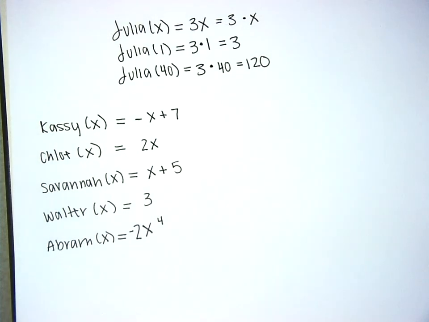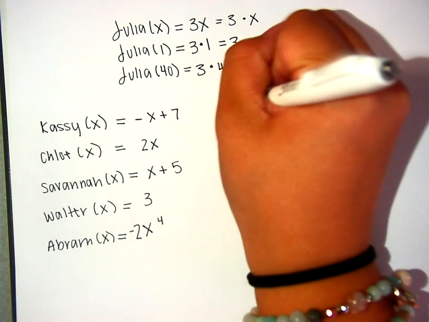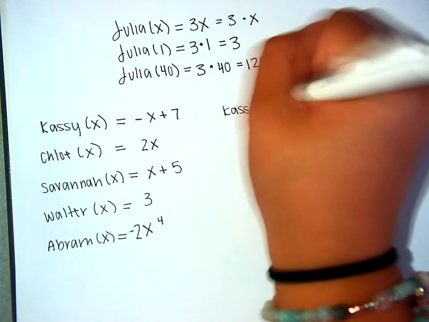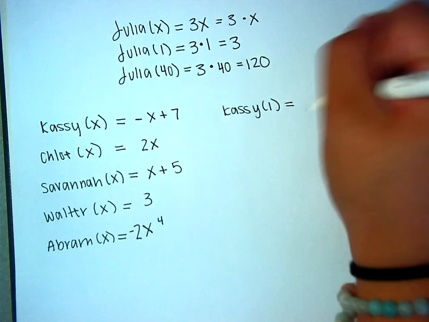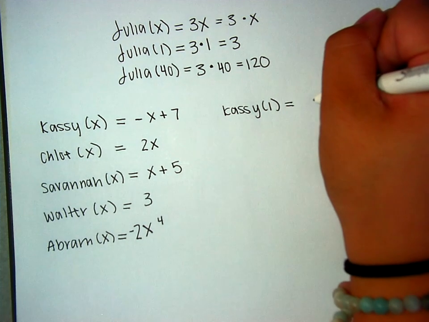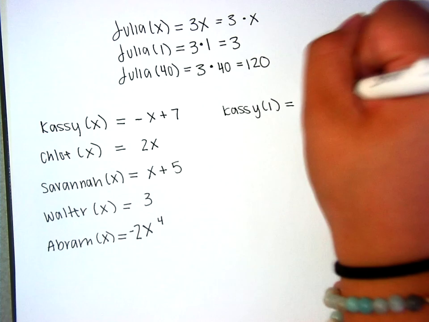Okay. So if the input is 1, everyone do this, what would Cassie of 1 be? Yes.